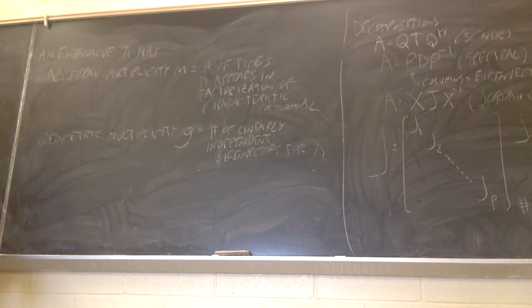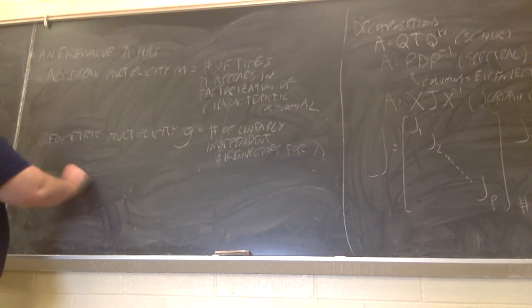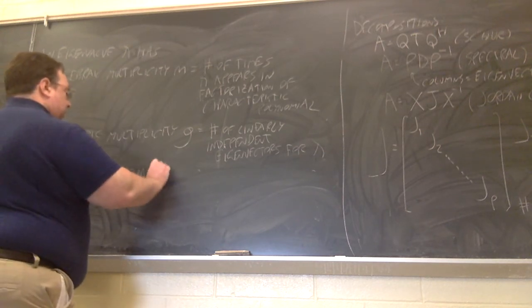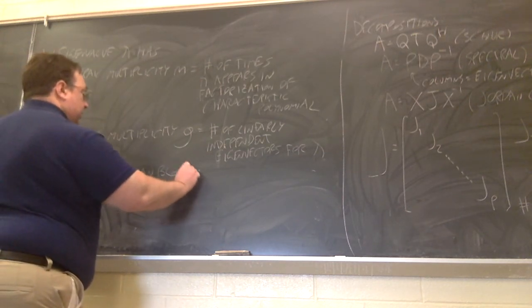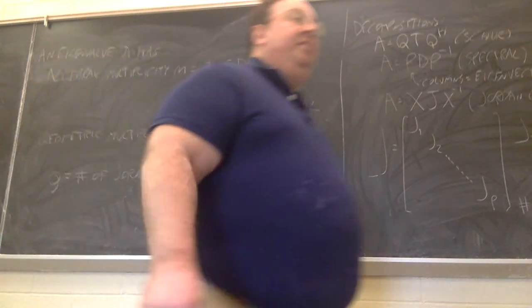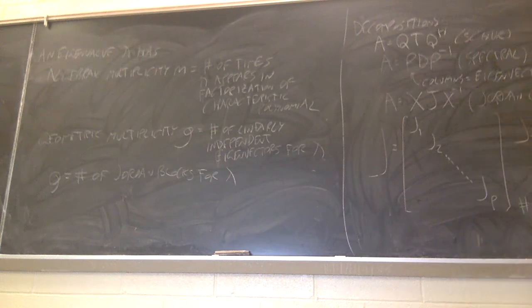The geometric multiplicity is equal to the number of Jordan blocks for a given eigenvalue lambda, regardless of the sizes of those blocks.